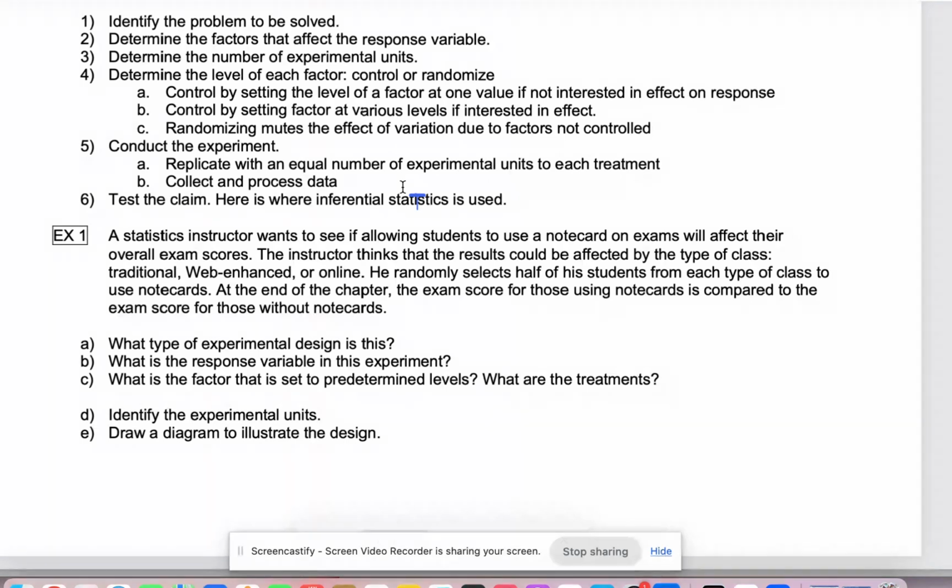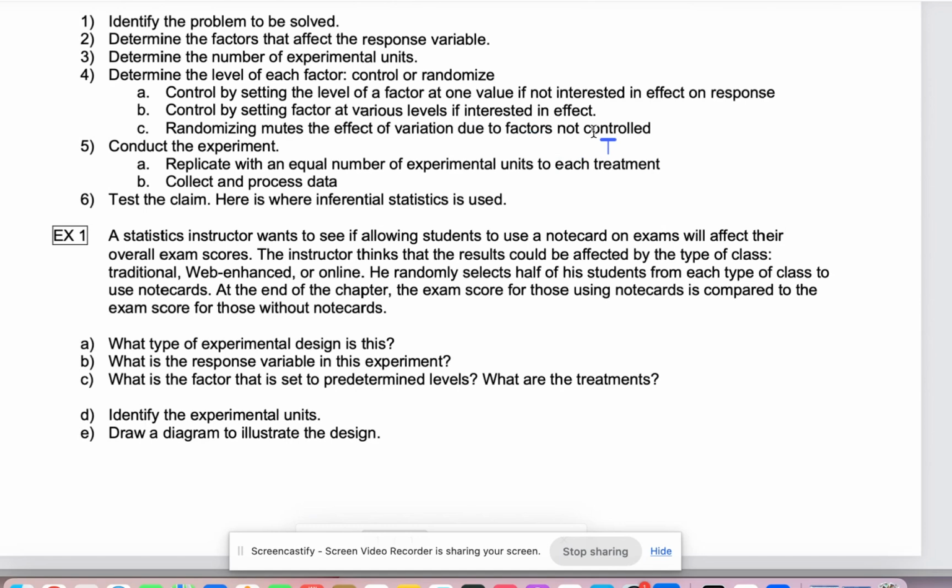So if everyone that is part of the study has the same age group or the same gender, or there's a factor that we're not interested in its effect on the response, so it's just one level the whole time. Or you can control it by setting the factors at various levels if you're interested in seeing the effect.